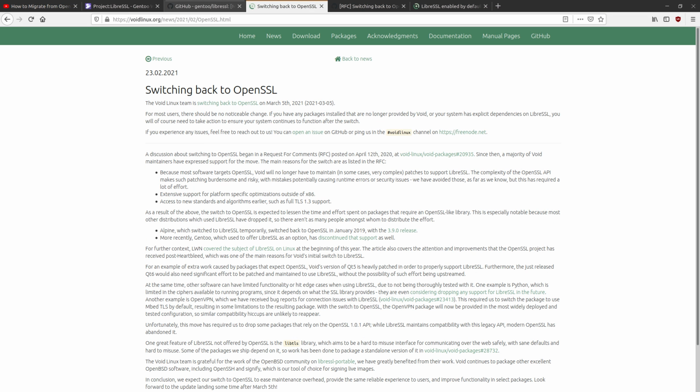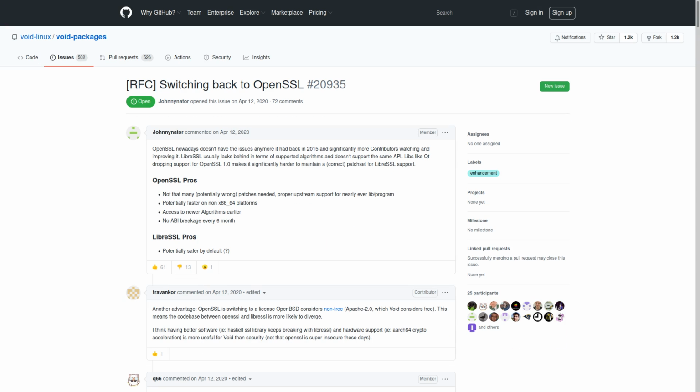And this decision actually came from about a year-long discussion that was had on this GitHub page, on the Void Packages page. It was pretty much summed up in this first post here about the pros of using OpenSSL versus LibreSSL. Obviously, the first one is going to be a lot easier to support, not requiring as many patches for applications and getting newer algorithms added into it faster, versus LibreSSL just potentially being safer by default.